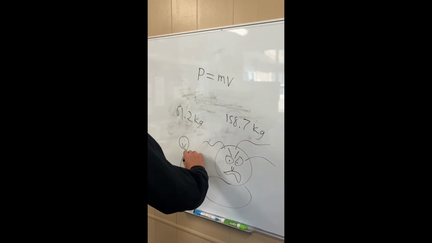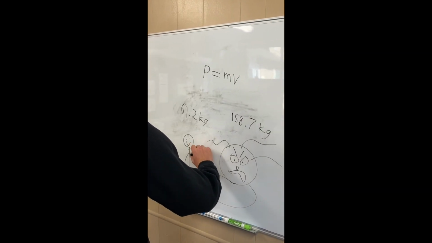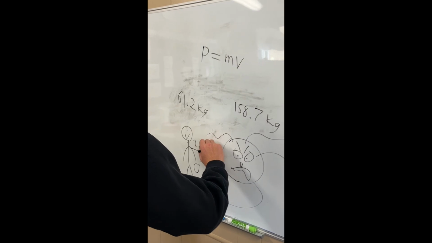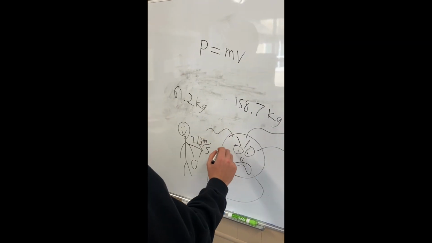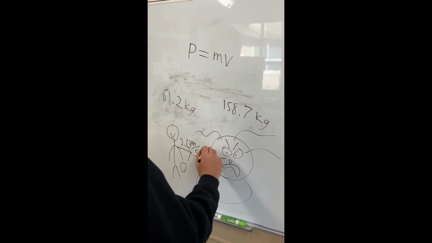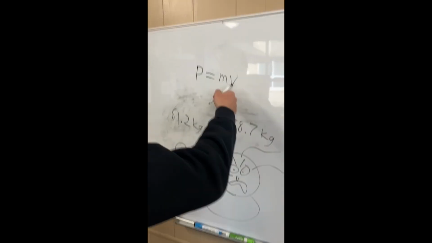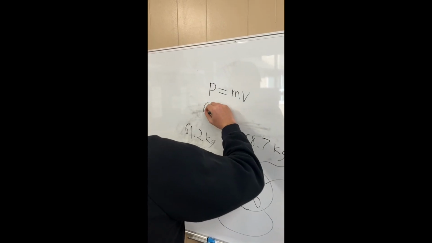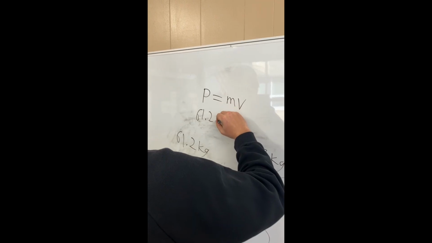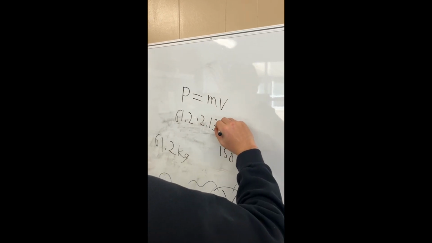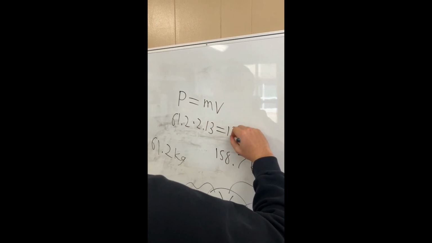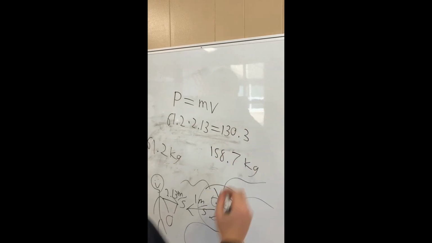Okay, so Dirk was going 2.13 meters per second, and Ronan was going 1 meter per second. So we use the equation and we multiply 61.2 times 2.13, and that equals 130.3.